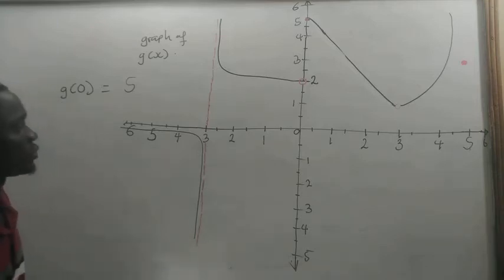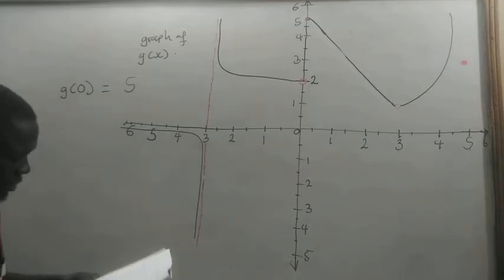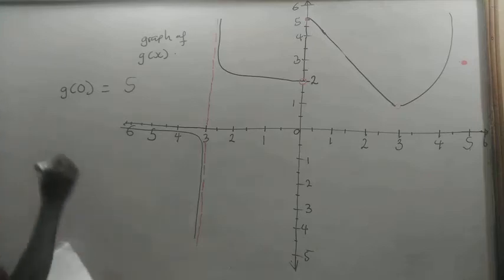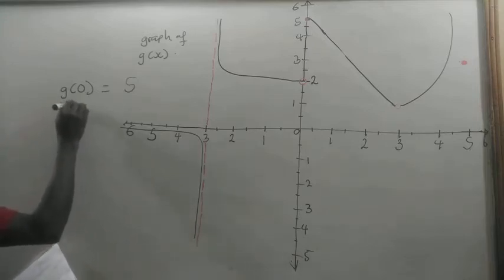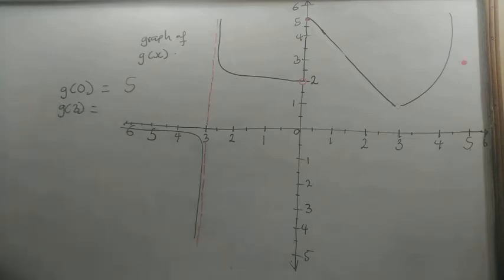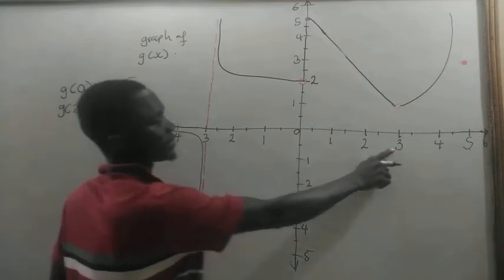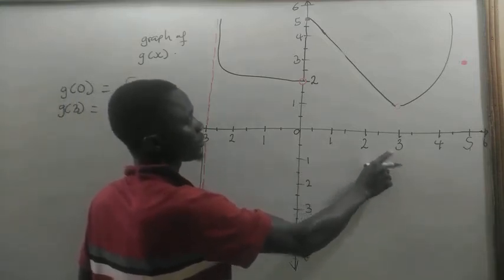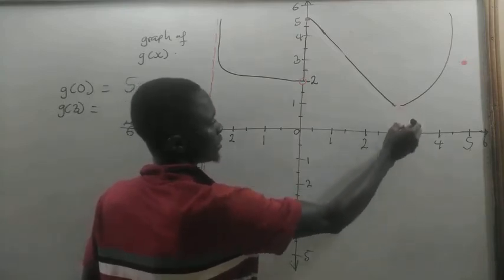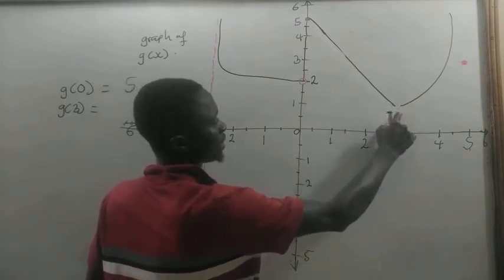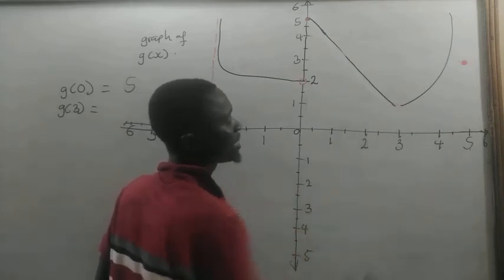The next one is that we have to find g of 3. Sorry, g of 3. And what is g of 3? When you trace this one, this is g of 3, but you see that here there's an open circle.